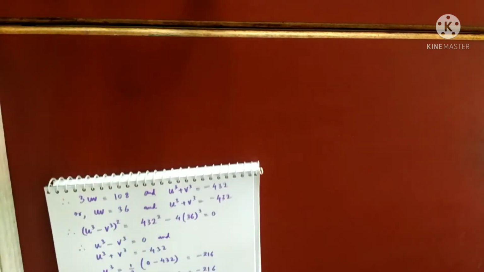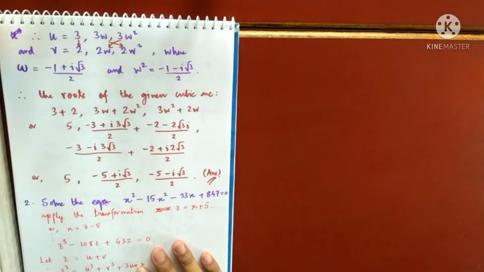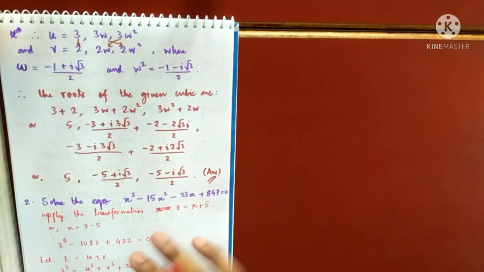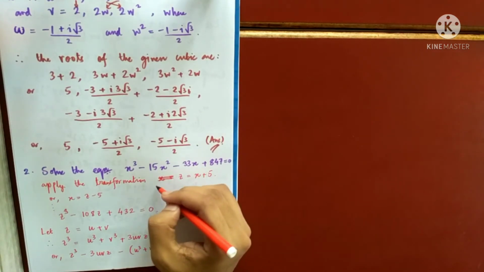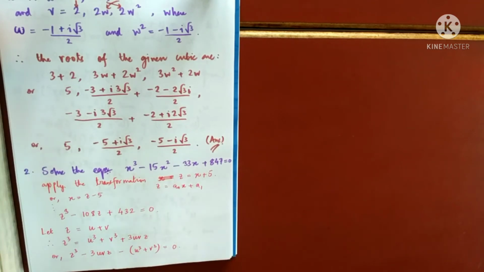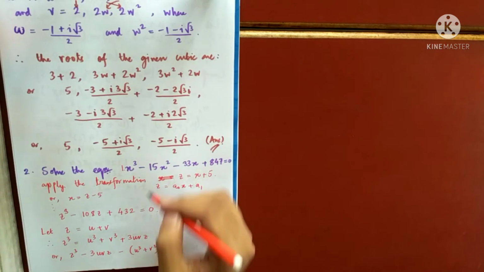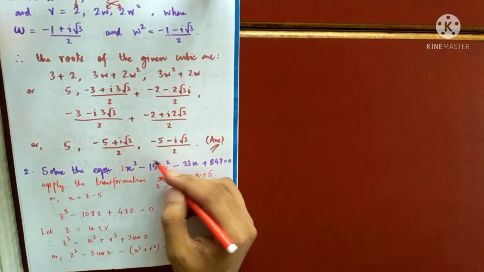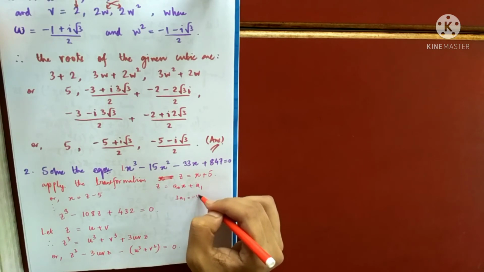Let me check the transformation. So I made a mistake here. The transformation that we use is z equals a naught x plus a1. Here a naught is 1, as you can clearly see, and we know 3a1 is the actual coefficient, and the coefficient here is minus 15.